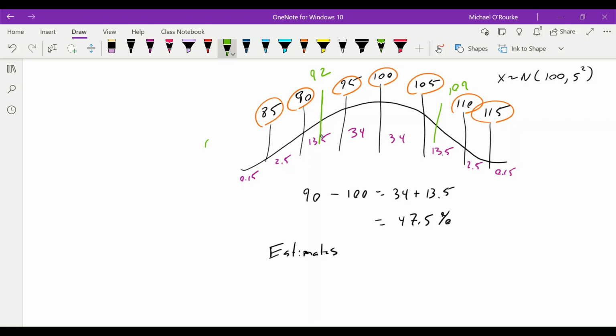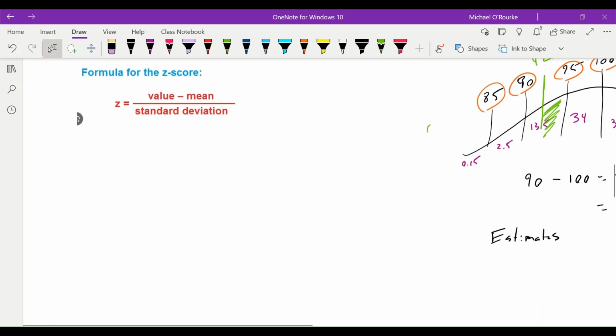And it's not exactly in the middle because there's more people in this half than in this half of that section. So you can't really be exact. So that's where we use something called z-score. If you're ever looking for an estimation using a value that's not an exact standard deviation, use z-score.